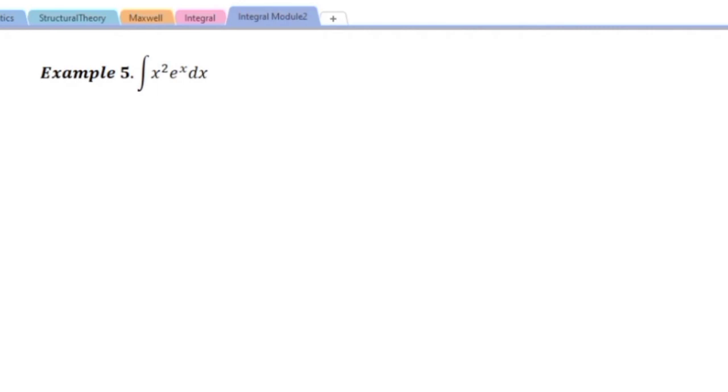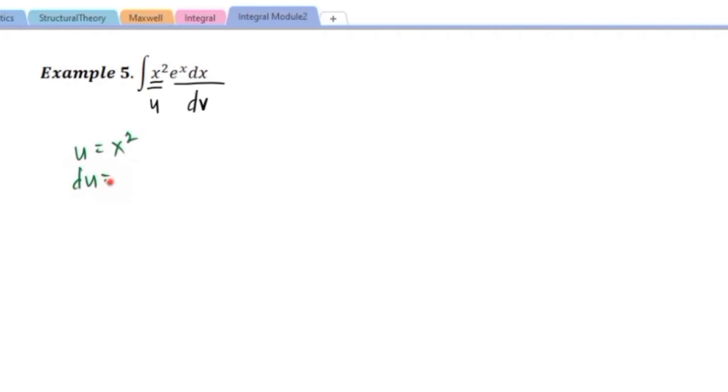So example number 5, we have here the integral of x squared e to the x dx. So we let this x squared here as our u and e^x dx here as dv. So let u is equal to x squared.